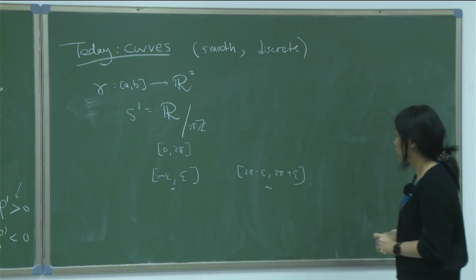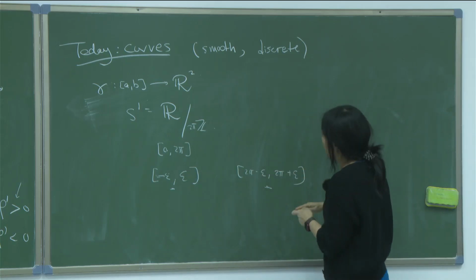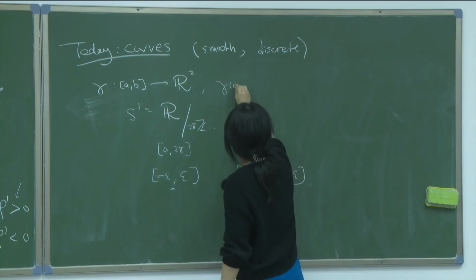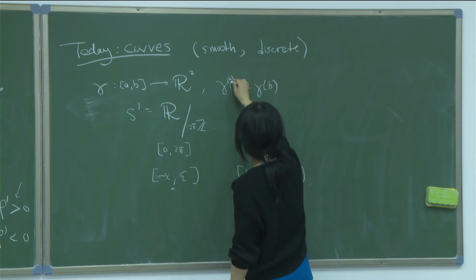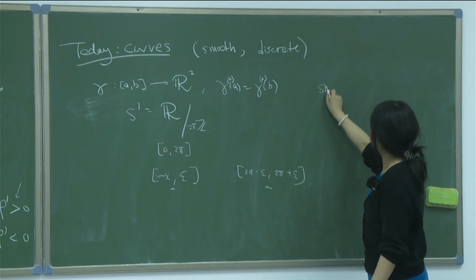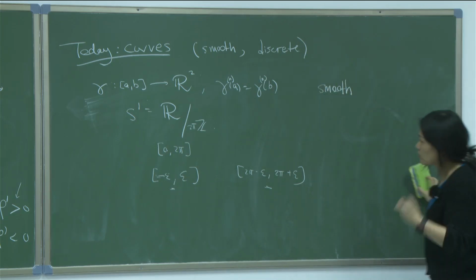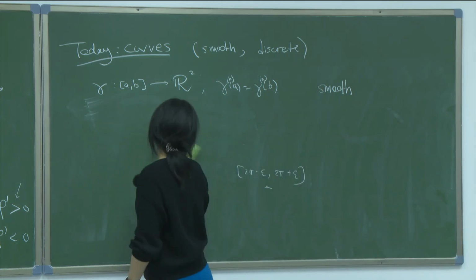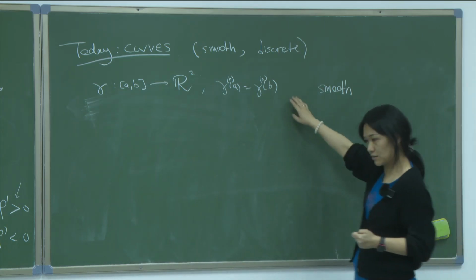Okay? So if you prefer, you just take this definition and then say gamma of A equals gamma of B, and that holds for every derivative, if you want it smooth. Okay? It's the same thing. Well, as a differential geometer, I prefer S1 because I'm too lazy to write this, right?